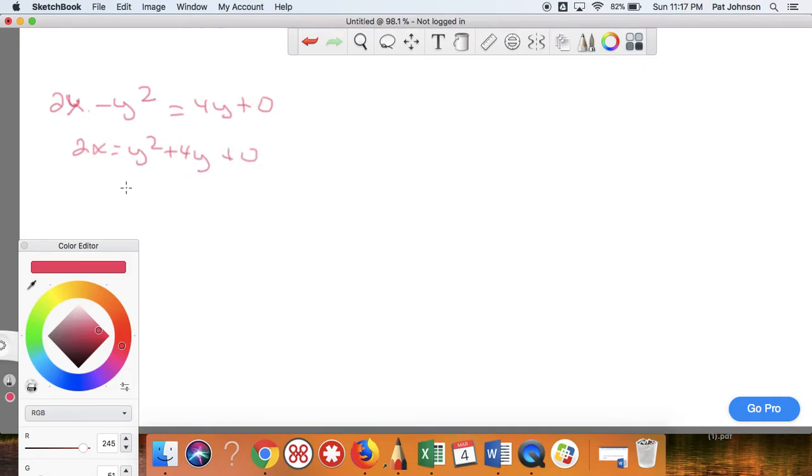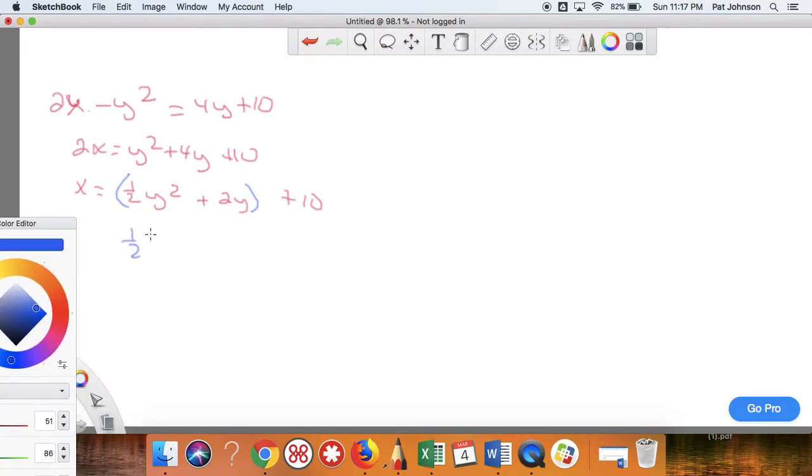The book does it a little bit differently. I'm going to go ahead, I don't like to deal with anything over here, so I'm going to go ahead and divide by 2. I know it's fractions, but that's okay. 1/2 y squared plus 2y plus 10. Okay, so now I have to put it in vertex form, or they call standard form. So I have to group, and then I have to complete the square. So I'm factoring out a 1/2.